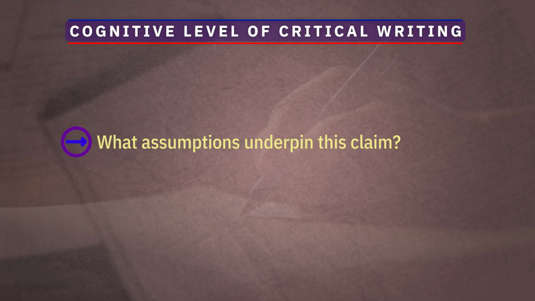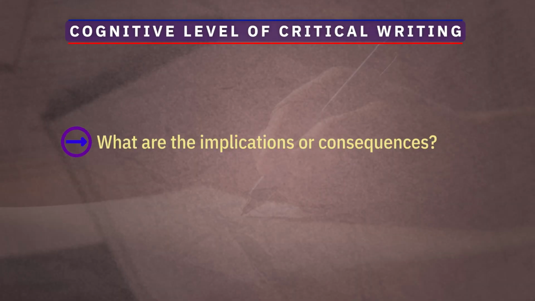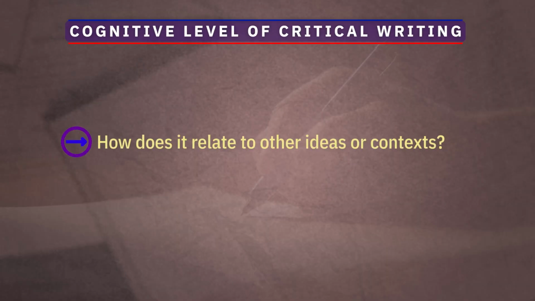Critical writing helps us to examine the assumptions that underpin the claims that are made. Also, through critical writing, one can arrive at the implications or the consequences of a research work. We can also, through critical writing, establish relatability. What is the relatability between ideas or different contexts?